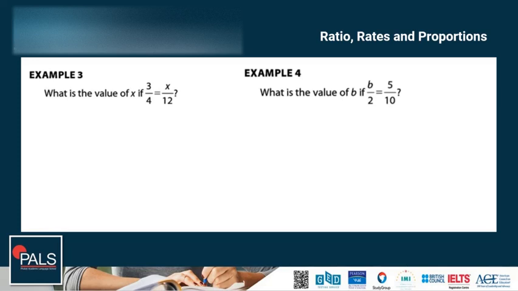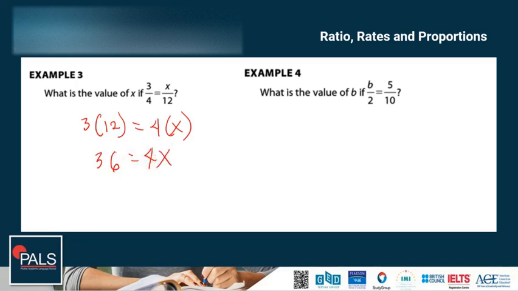Cross-multiplying means multiplying diagonally across the equal sign. When you cross-multiply in this problem, you get 3 times 12 is 36, equal to 4x.